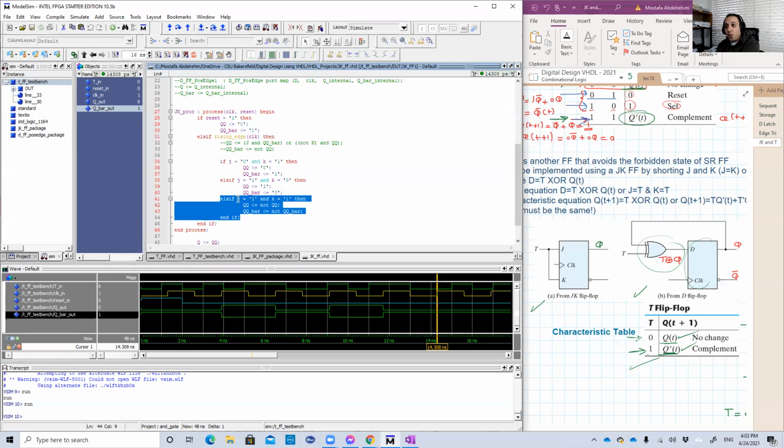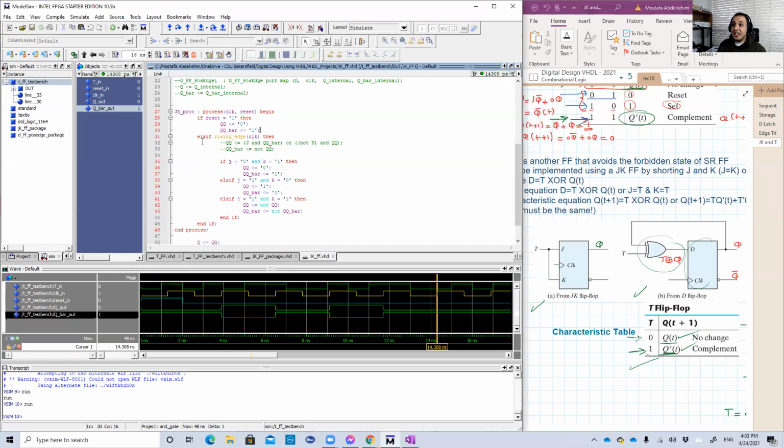If T equals 1, then assign not QQ to QQ, and assign not QQ bar to Q bar. That's it, no other lines. Just one if statement, no else even. So in the beginning, if reset is equal to 1, then reset Q: make QQ equal to 0 and QQ bar equal to 1.